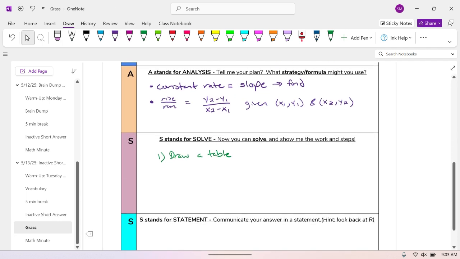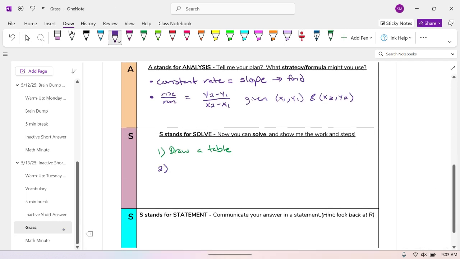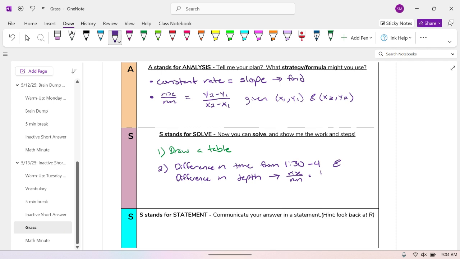So what we did after we drew a table was we found the difference in the time from 1:30 to 4 and the difference in depth, which we then did rise over run, which was 1.5 over 2.5.